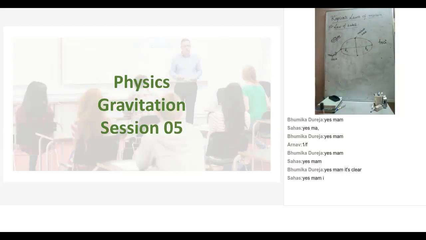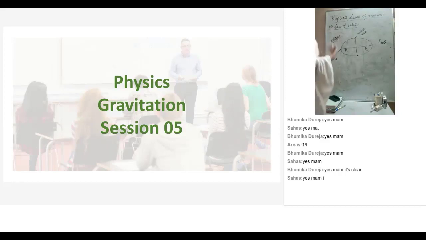So Kepler's first law states that every planet revolves around the sun in an elliptical orbit, not circular, because Copernicus said that the orbits are circular, but Kepler modified it to elliptical orbits.